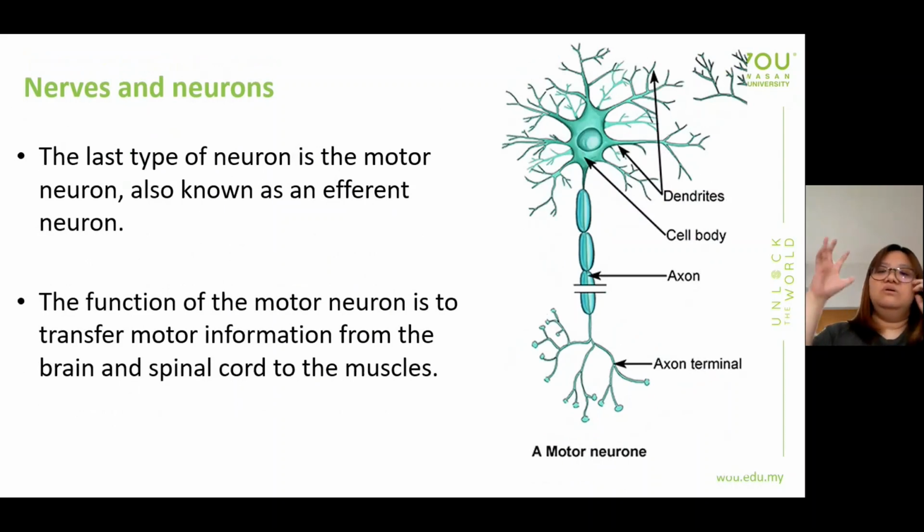When information is sent to the motor neuron, the dendrites receive it, and then it will slowly transmit from the dendrites to the cell body, go down through the axon, to our axon terminal. So the synapse will happen there.